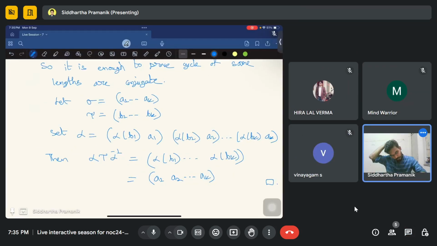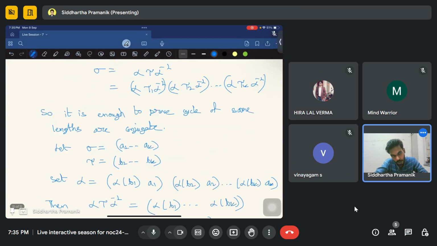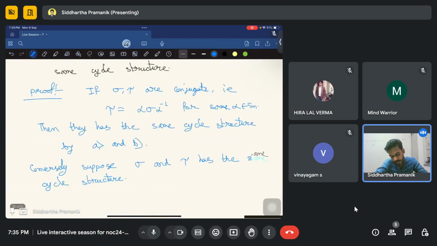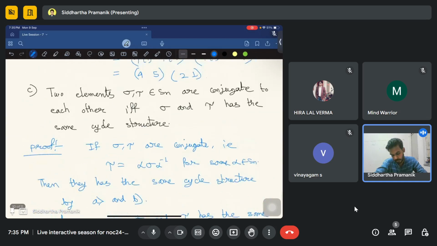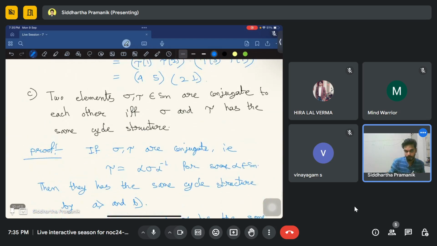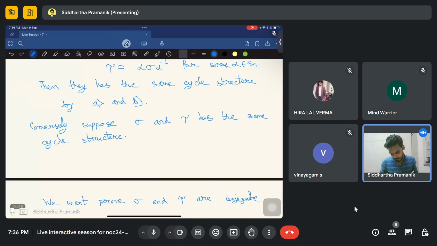Okay, so we know in Sn which elements can be conjugate to each other. They are conjugate if and only if they have the same cycle structure. Now using this, let us find the class equation of S3, S4 and maybe others.